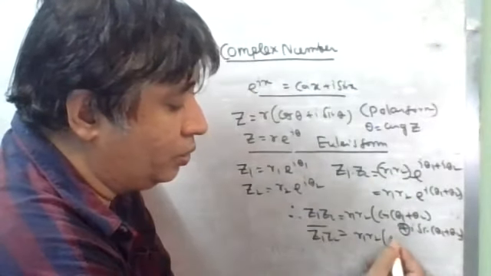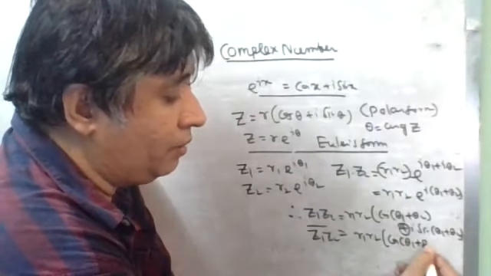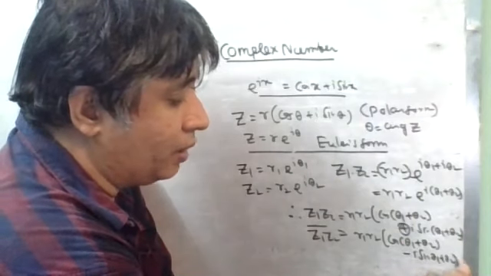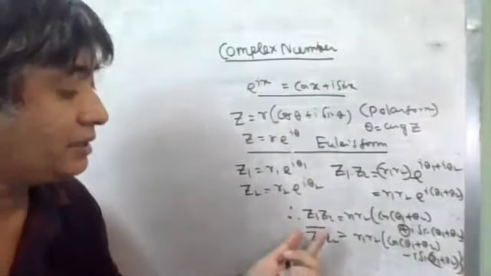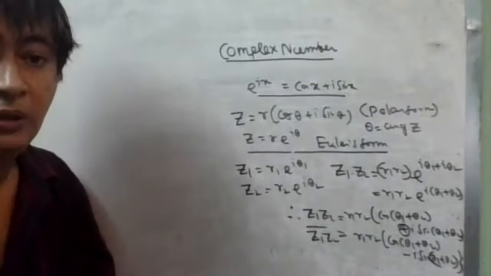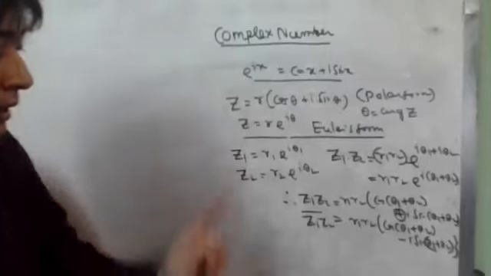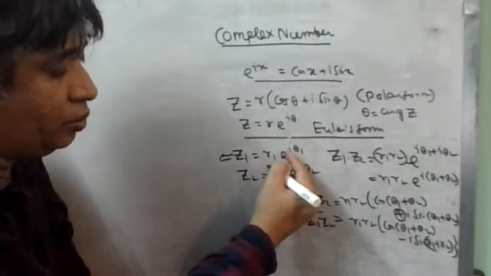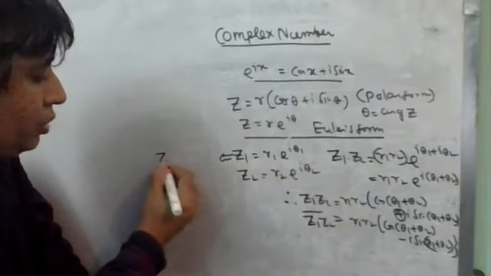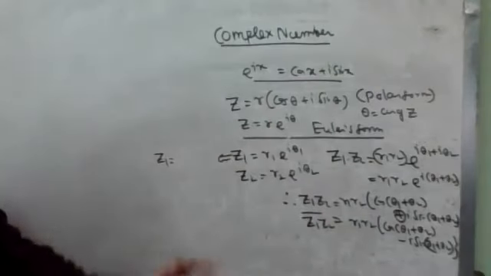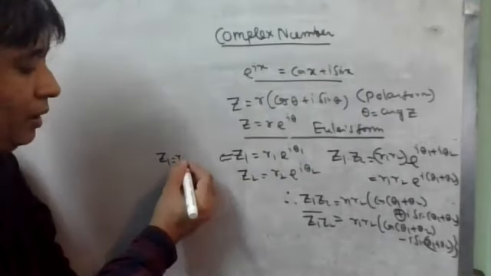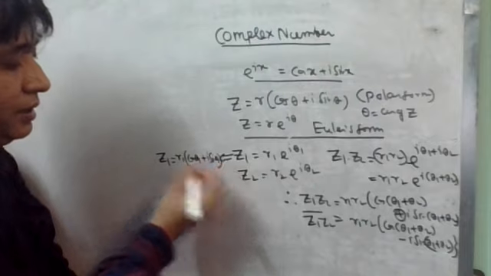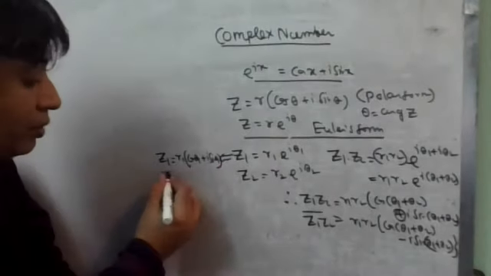So r1 r2 cos of theta 1 plus theta 2 minus i sin of theta 1 plus theta 2. That is z1 z2 whole bar. Now z1 we got as r1 into e to the power i theta 1. So rewrite it in terms of polar form: r1 cos theta 1 plus i sin theta 1. So what is z1 bar?